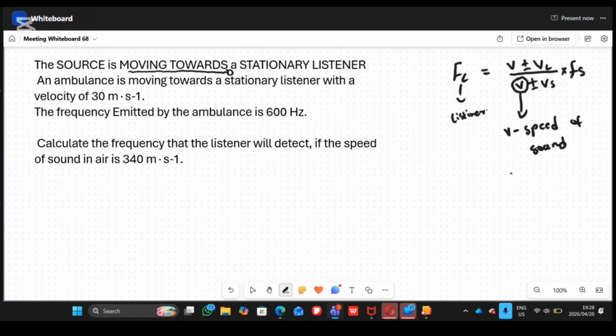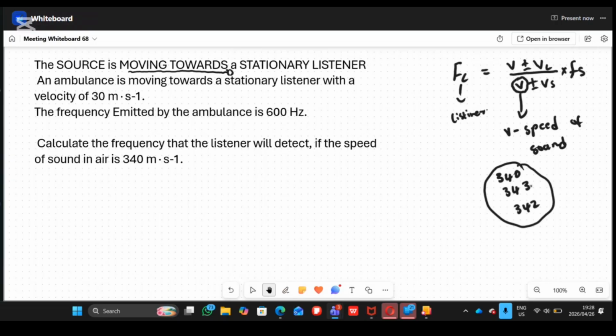Some of you are going to give me 340. Some of you will give me 343. Some of you will give me 342. Yeah, they're both correct because the speed of sound is not constant. It can fluctuate.